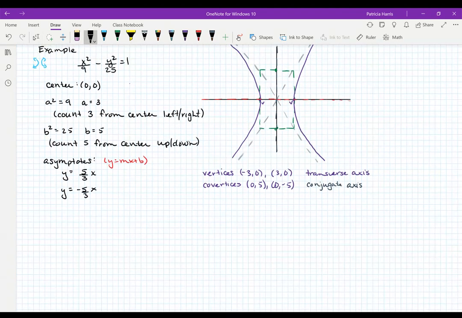Now let's talk foci and directrix. The foci are going to be c units away from the center along the transverse axis.